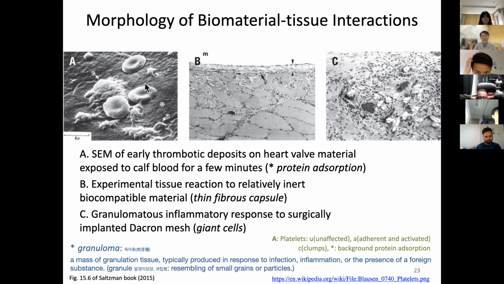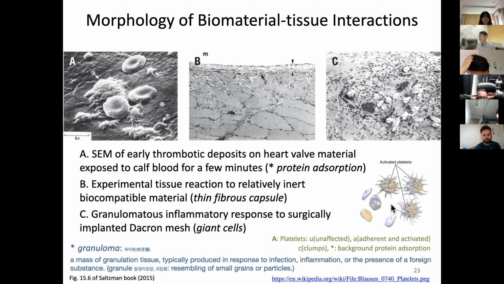That indicates the activated state of the platelet, like in blood clotting. So you can see these clumps of clot. I brought this picture because platelets are not the same when unaffected versus activated; an activated platelet will have this very interesting, maybe angular shape, okay?